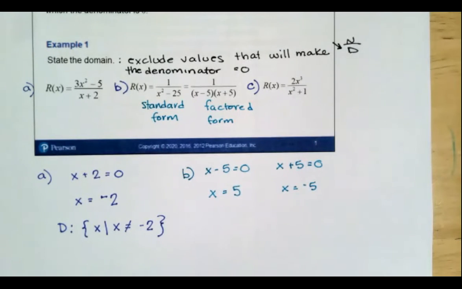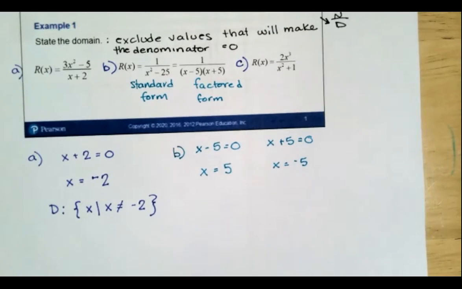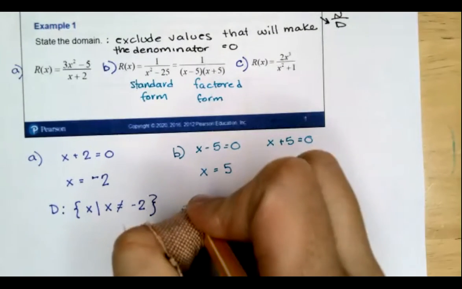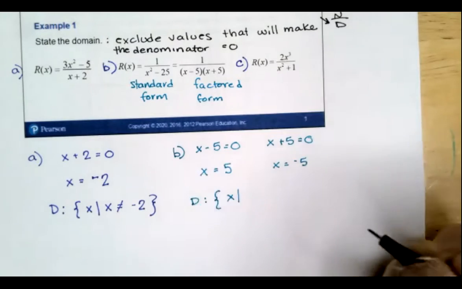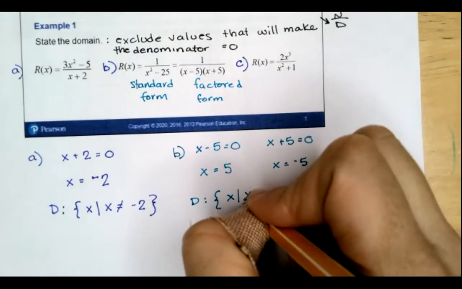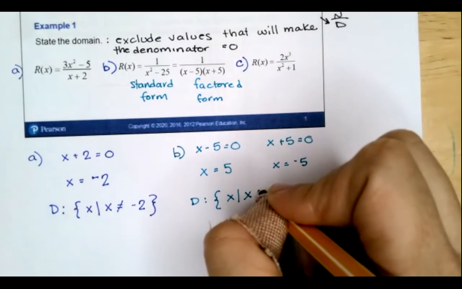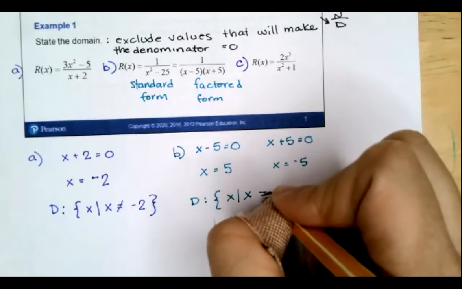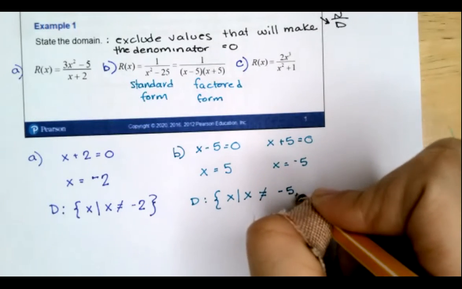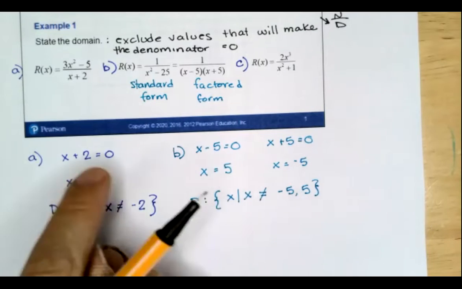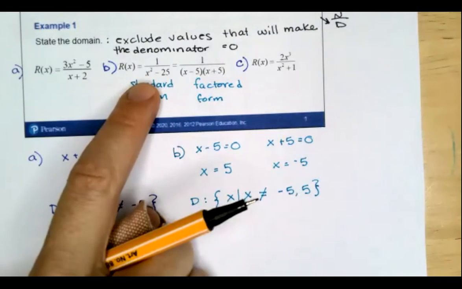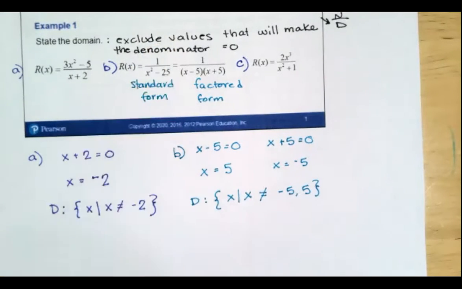You see how putting it in factored form makes it a bit simpler to find what we need to exclude? So here for B, the domain is x is all real numbers except -5 and 5. So we're excluding -5 and 5 from the domain because either of those right here would make it 1 divided by 0, which is undefined.